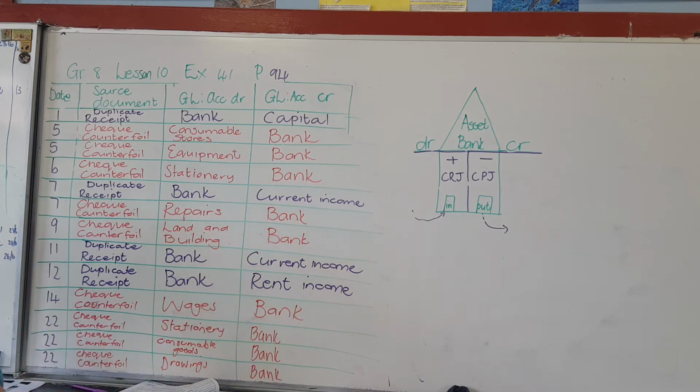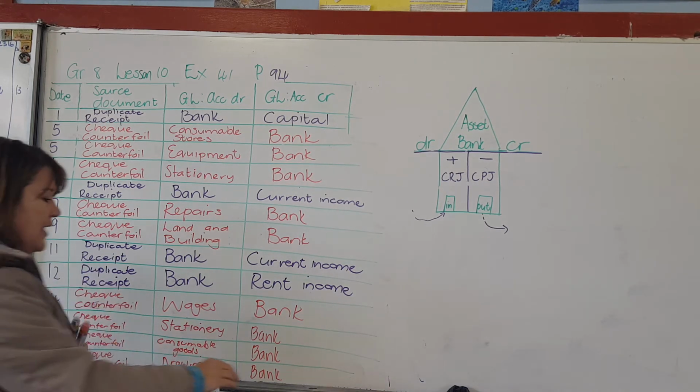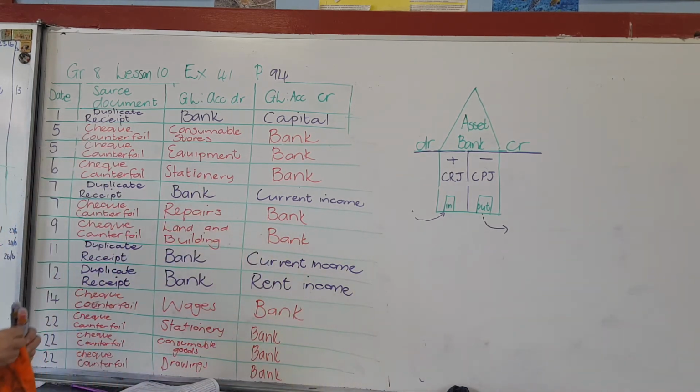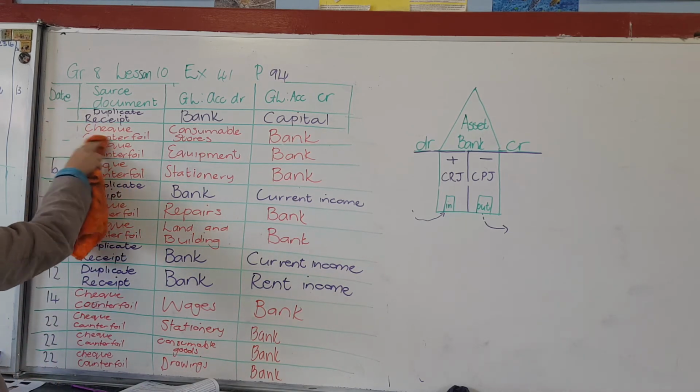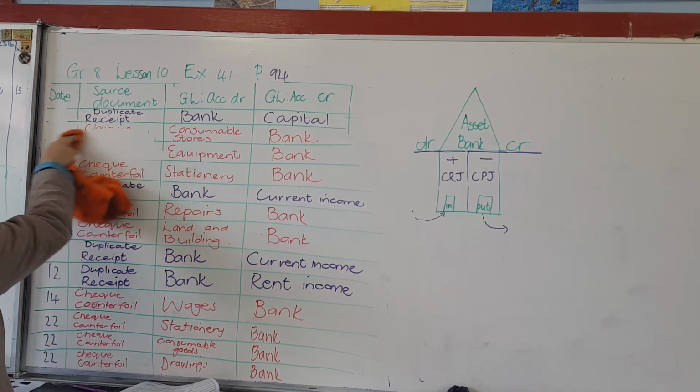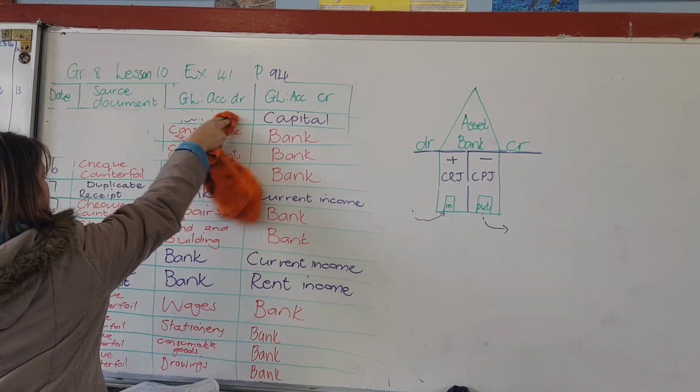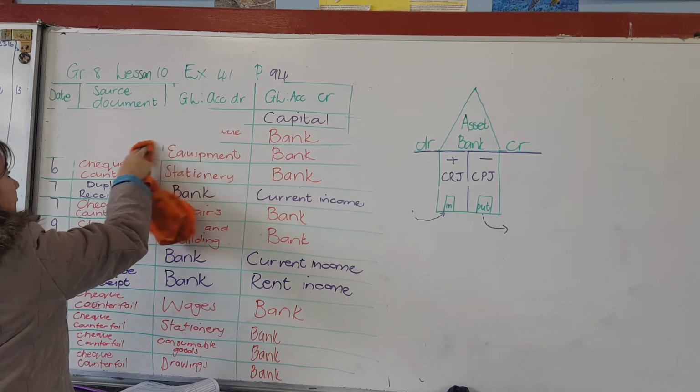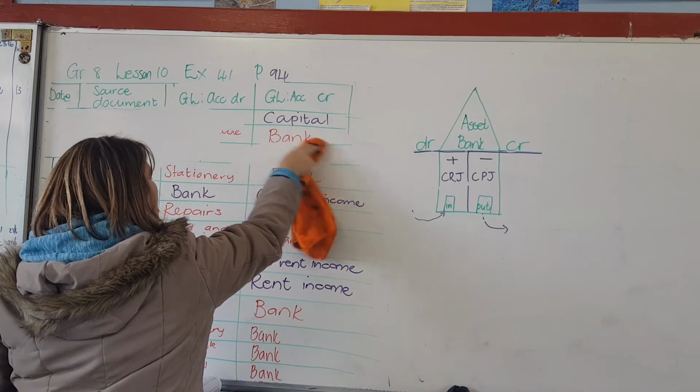Boys and girls, they didn't ask you to do the 28th and the 29th because they repeat the transactions. So we've got two transactions on the 30th. A bank statement was received from the bank, and we've earned interest, and we made a payment for bank charges.